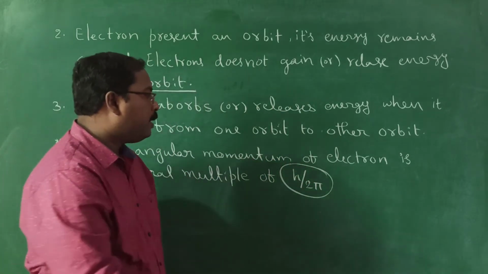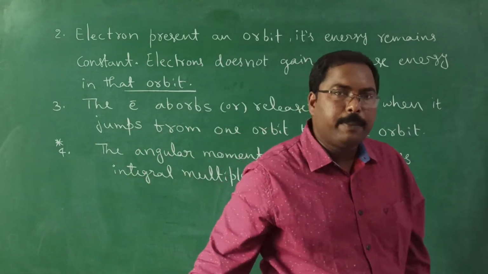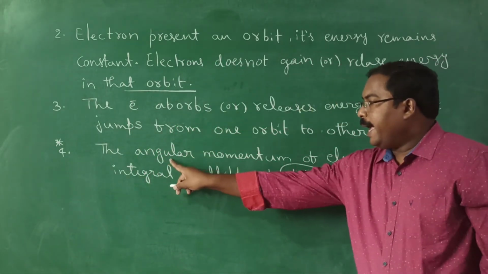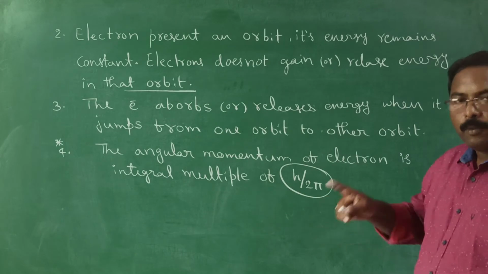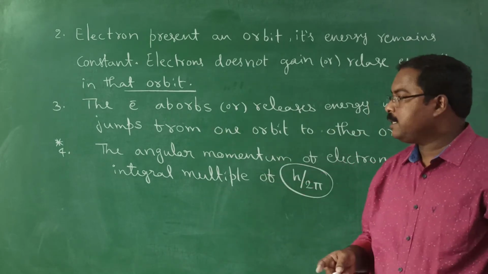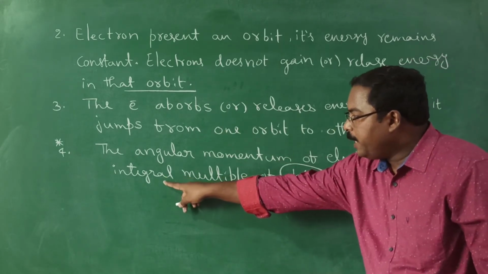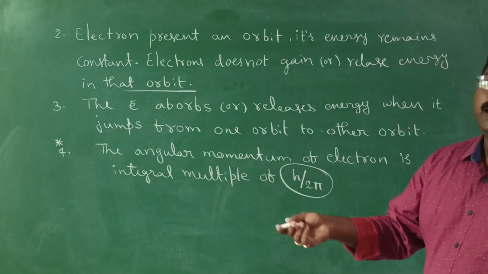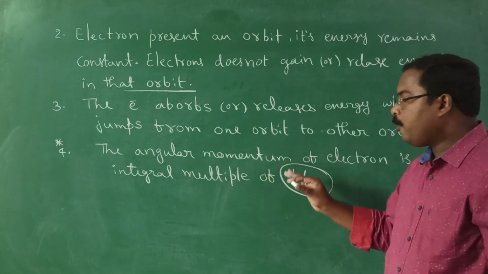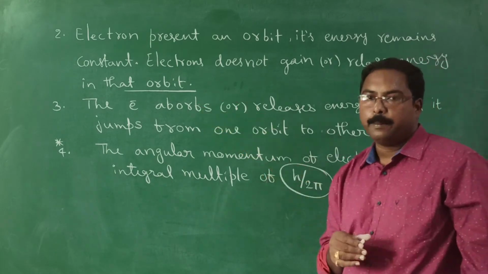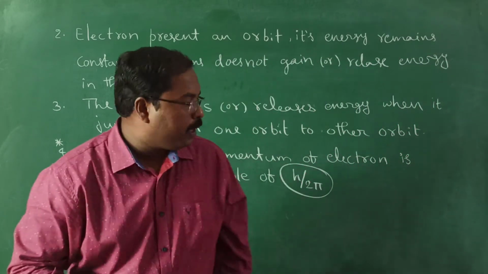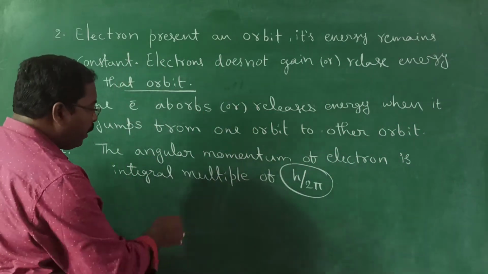This is also one of the important statements. That is why I kept a star mark. The angular momentum of an electron while it is revolving around the nucleus is integral multiple. Integral multiple in the sense it may be multiple of 1, 2, 3, 4 numbers.